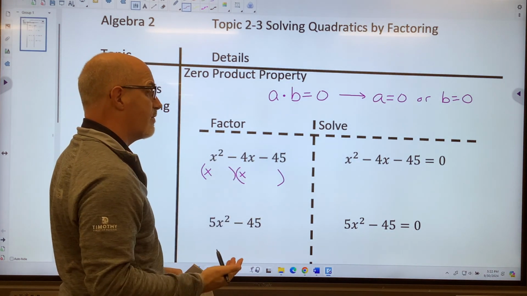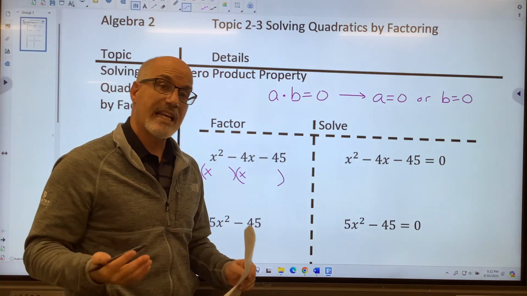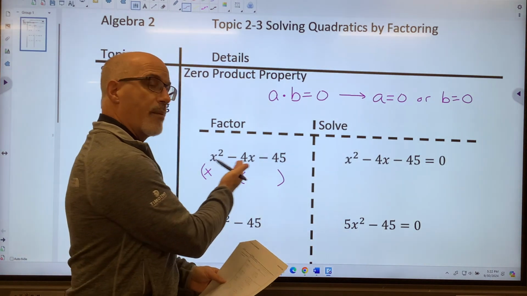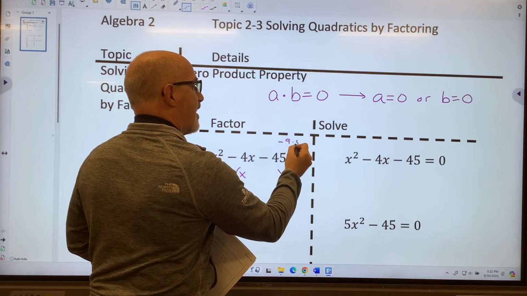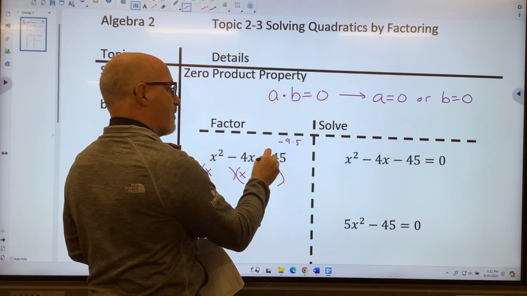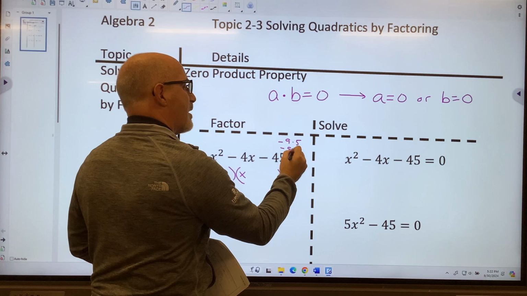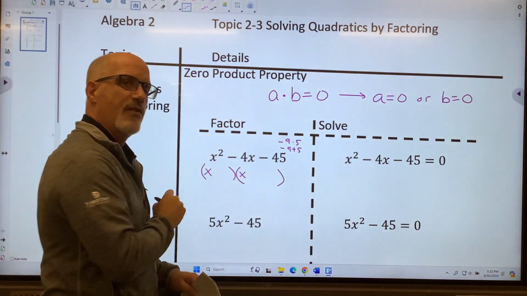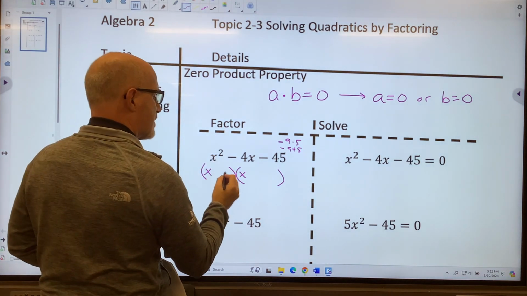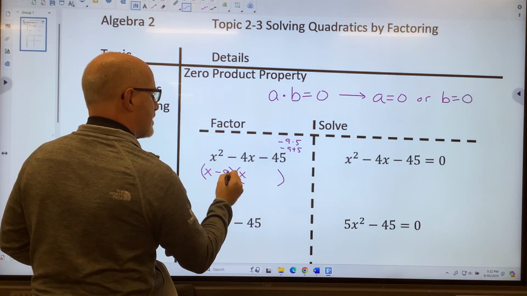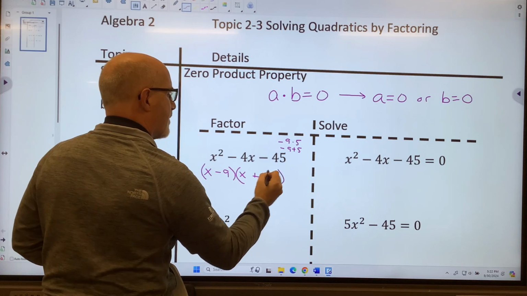Those don't give me negative 4. But then 9 and 5, those are 4 apart. So if I make 9 negative and 5 positive, that will give me negative 45. And then if I add them, I get the negative 4. So that's what I'm thinking through mentally as I do that. And so the process then just gives me x minus 9 and x plus 5.